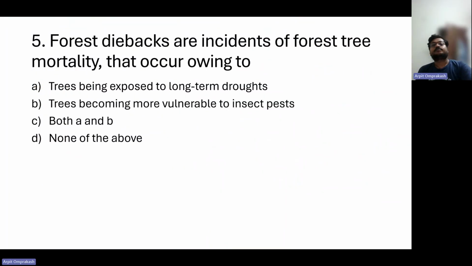So the Keeling curve shows us a steady rise in atmospheric carbon dioxide over the years. Forest diebacks are incidents of forest tree mortality that occur owing to: A, trees being exposed to long-term droughts; B, trees becoming more vulnerable to insect pests; C, both A and B; D, none of the above.